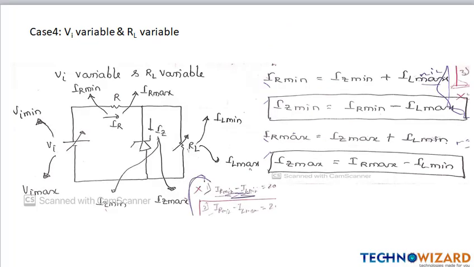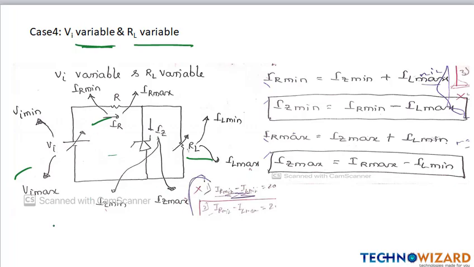Now come to case 4. This is a very important case. So let's see this. When both are variable, when VI is also variable and RL is also variable. When VI is variable, then IR will also be variable and IZ will also be variable. When RL is variable, then IL is also variable, IL minimum, IL max, and IZ is IZ minimum, IZ max.